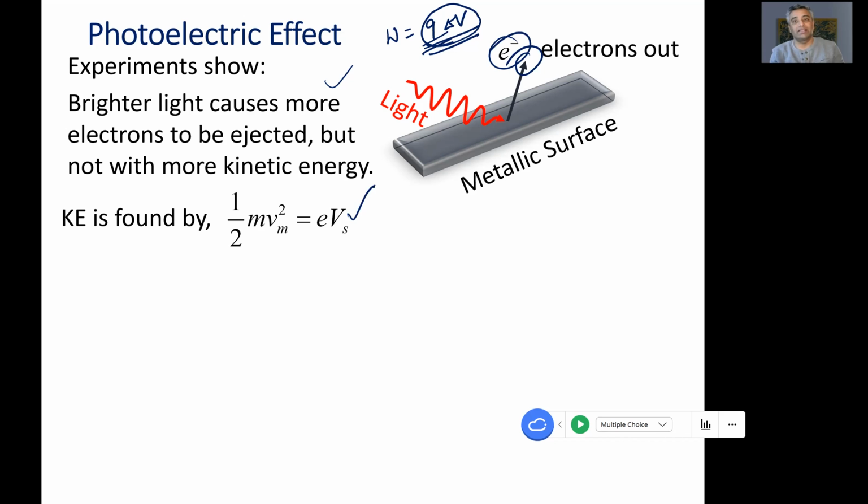That means we can tell that this one has that much energy, right? So this is called the stopping potential, and that must be equal to the kinetic energy of that electron, the speed with which it's coming out, right? So by doing this experiment, we can find the speed with which it comes out, or how much energy it has, okay? We can do that.